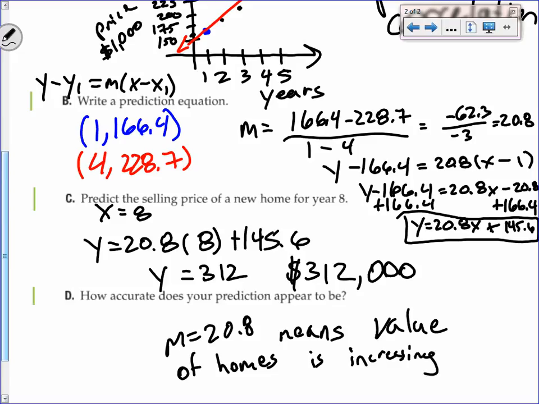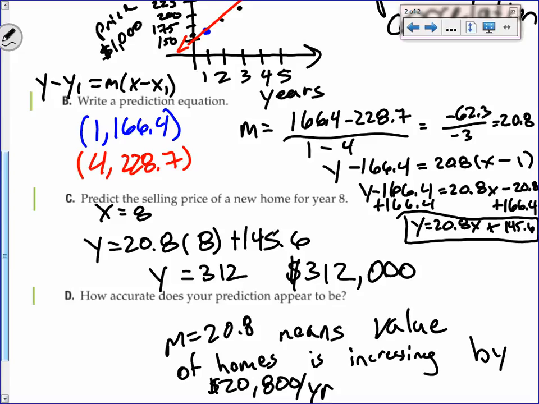Our x value is yearly, so home value is increasing yearly by $20,800, about $20,000 per year.